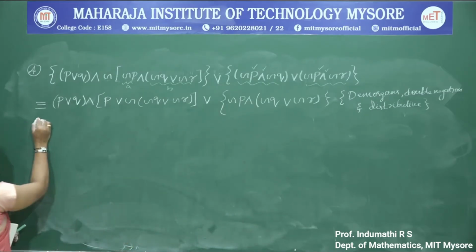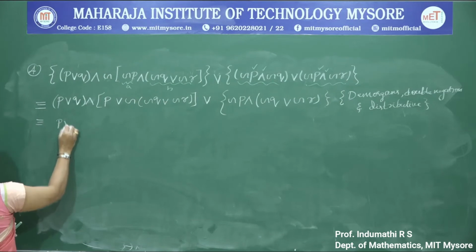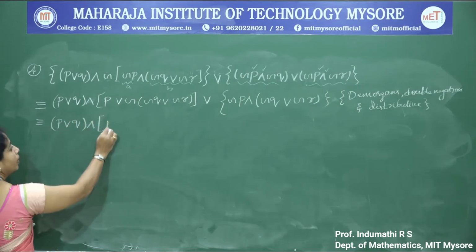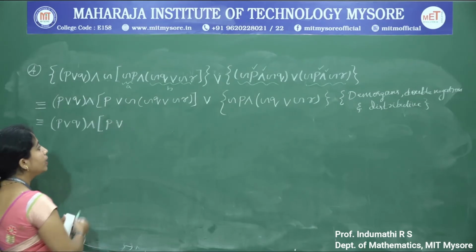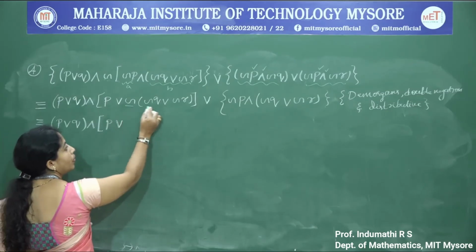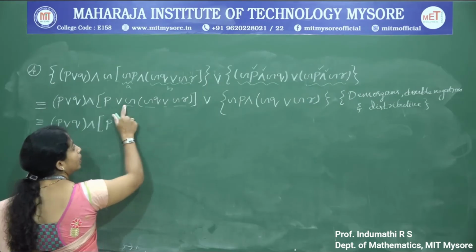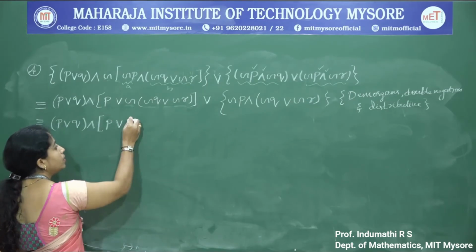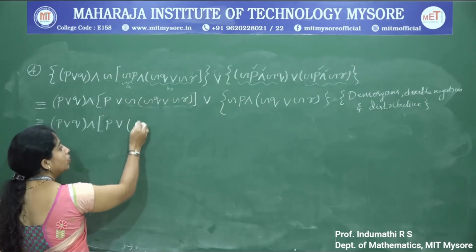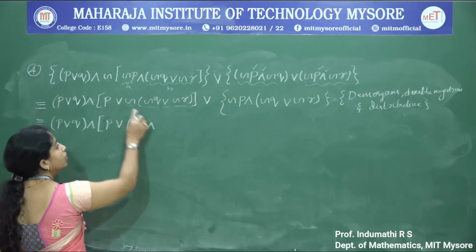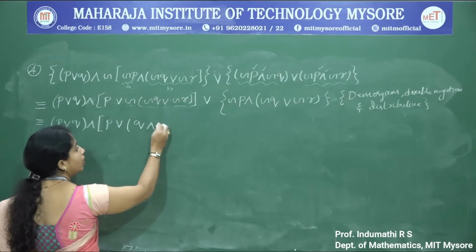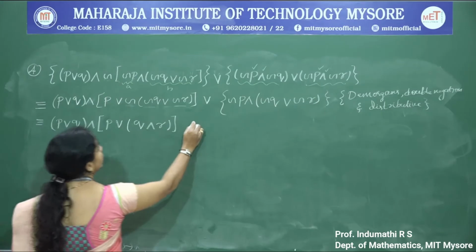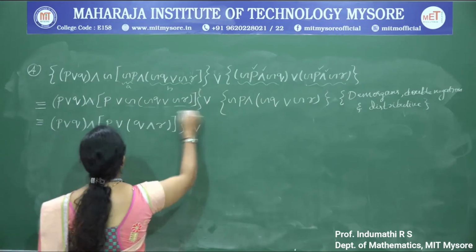Again, this is logically equivalent to P disjunction Q conjunction of P disjunction of. Again, see this one, negation of A disjunction B is logically equivalent to negation A. Negation A means negation of negation Q, that is Q, conjunction negation of negation R, that is R. Again, disjunction of, apply the brackets correctly.